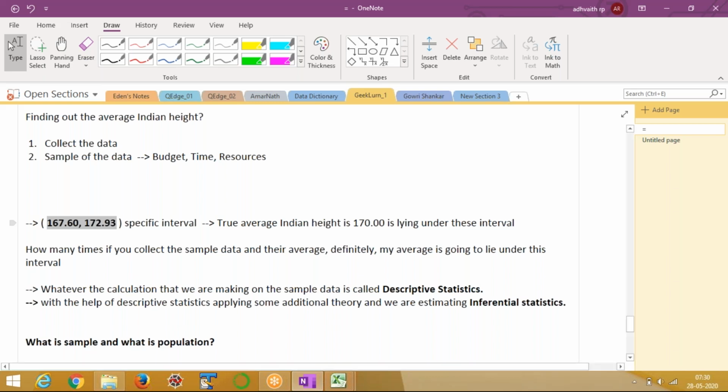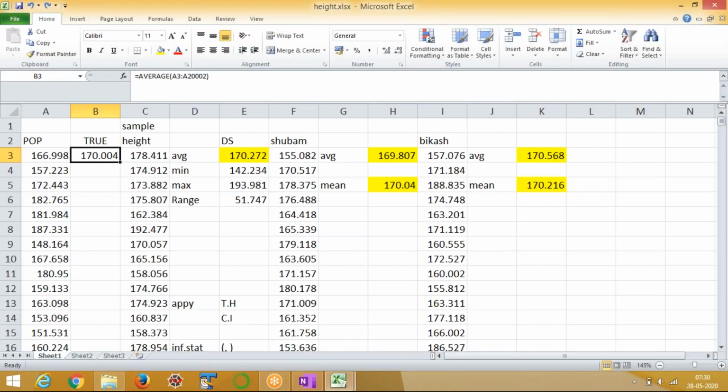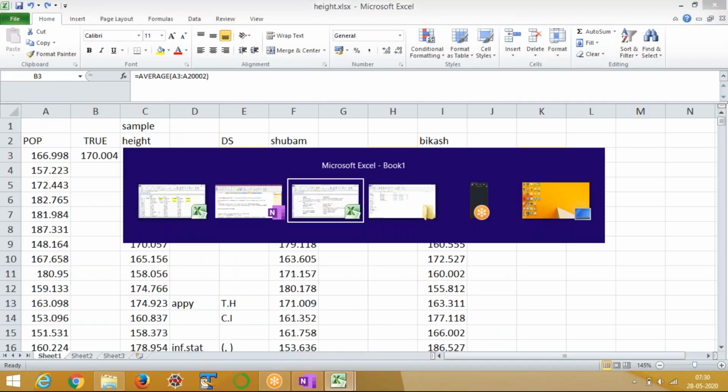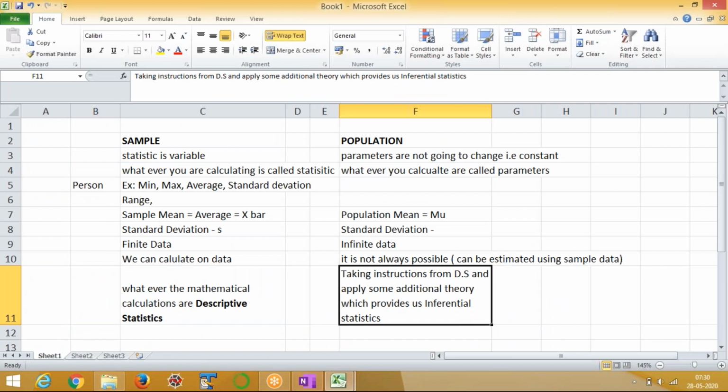Any more questions, guys? Sir, one more question. Yes, tell me. Sir, in the last class we talked about dependent and independent variables, right? Not last class, the class before. Have we discussed more briefly about that, sir?